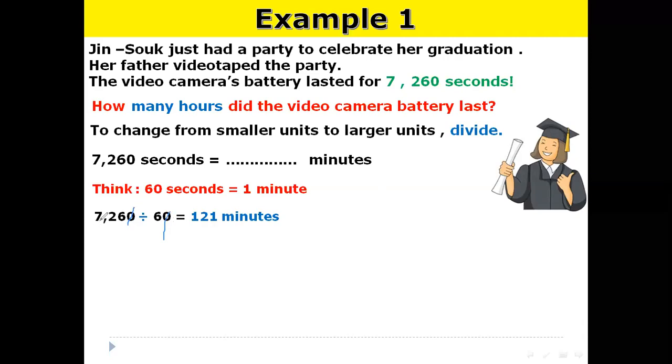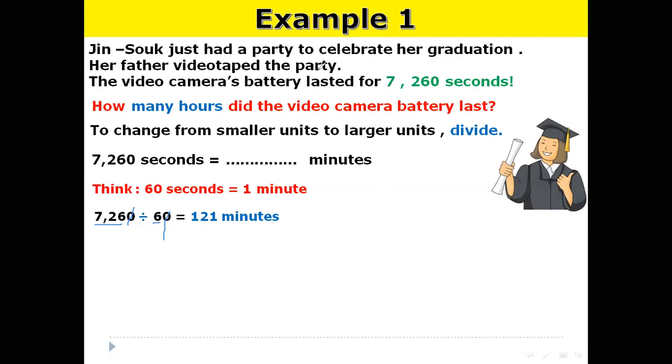So you can just divide 726 by 6, and you do that with long division. So 726 divided by 6 is 121 minutes. So we changed the amount of seconds to minutes.